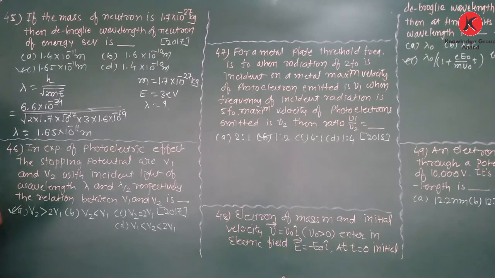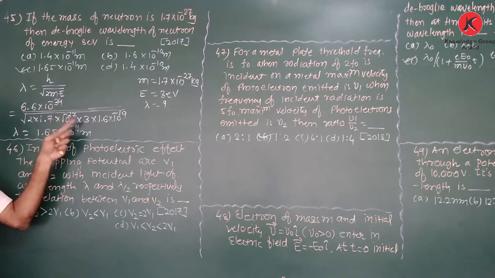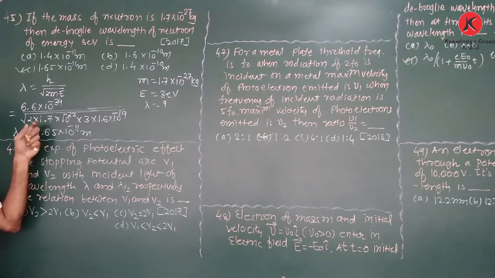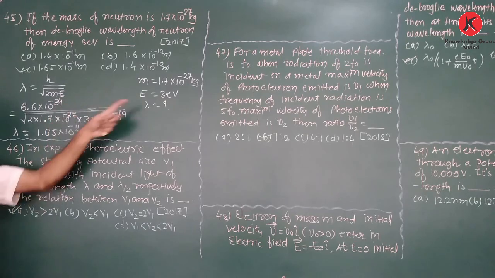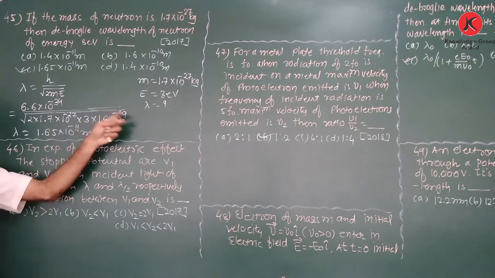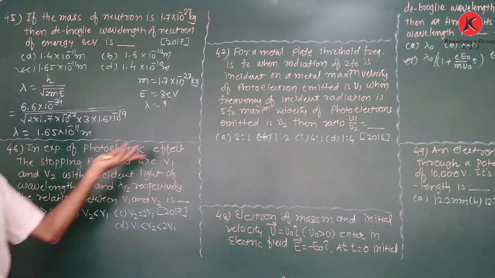Now we substitute the values. h, Planck's constant, is 6.6 into 10 to the power minus 34, divided by under root of 2 into m, the mass of the neutron, 1.7 into 10 to the power minus 27, and energy 3 electron volt, converted into joule by multiplying by 1.6 into 10 to the power minus 19. If we simplify, we obtain the wavelength of neutron as 1.65 into 10 to the power minus 11 meter. Clear? Very easy numerical.